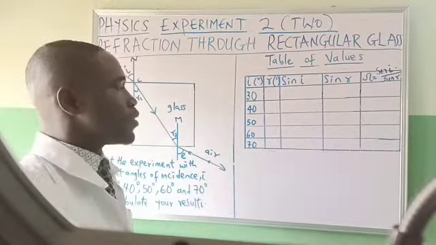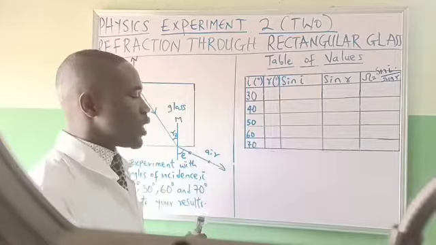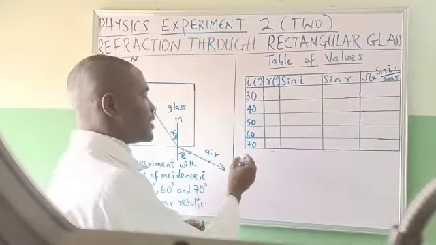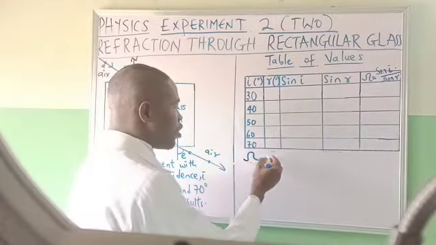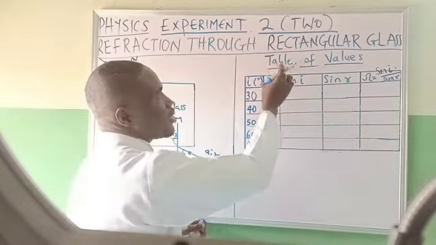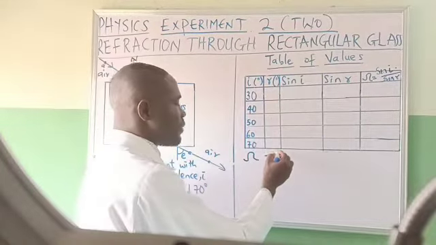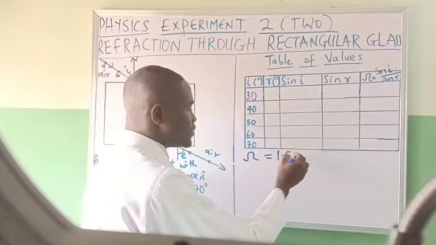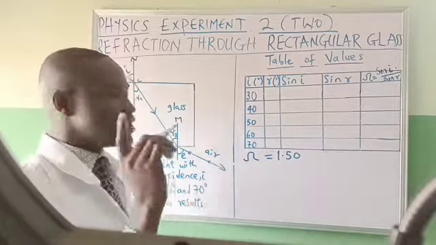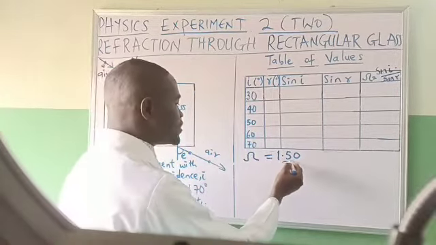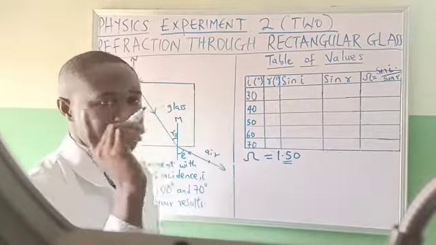To do so, we have to recall again that the refractive index of a rectangular glass prism is approximately 1.50. This is the value for the refractive index of a rectangular glass prism.